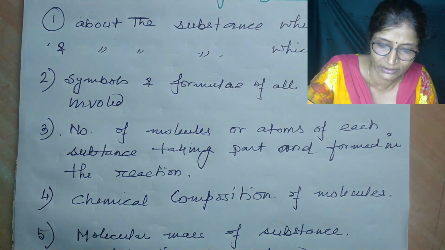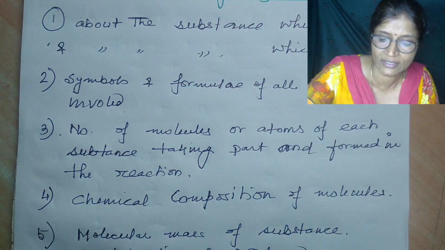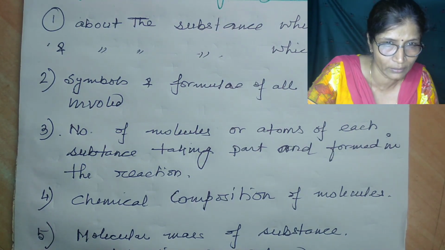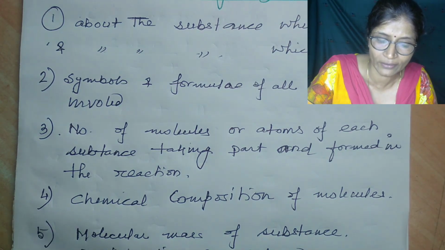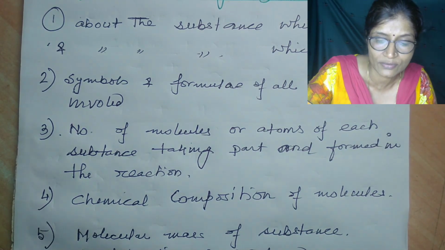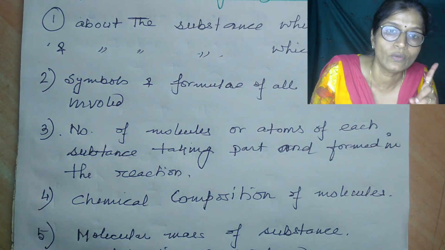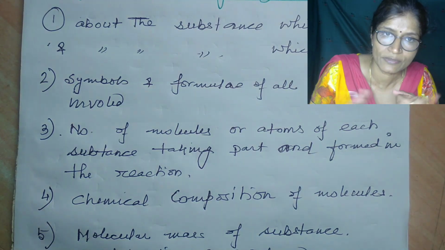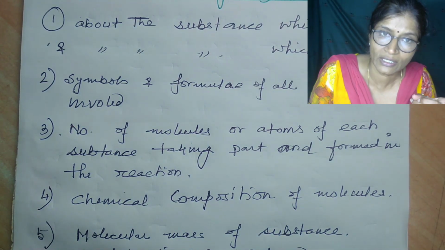Like this reaction tells us that sodium hydroxide reacts with sulfuric acid, gives sodium sulfate and water. First we know which substance is reacting and what is produced in the reaction.